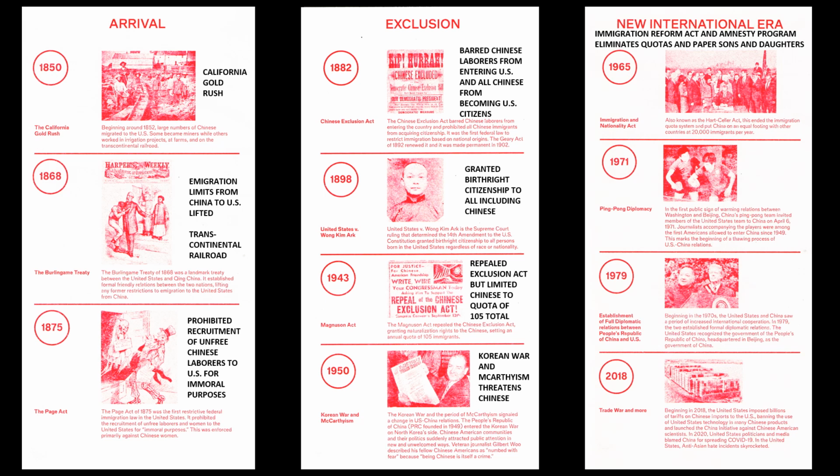Immigration Reform Act and Amnesty Program eliminates quotas and the use of paper sons and daughters. 1971. Ping-pong diplomacy improves U.S. and China relations. 1979. Full diplomatic relations between U.S. and People's Republic of China. 2018. Trade wars and COVID-19 spark waves of anti-Asian hate crimes.